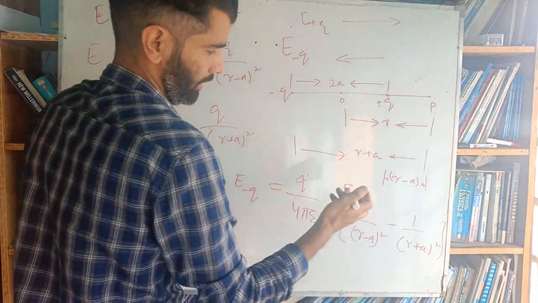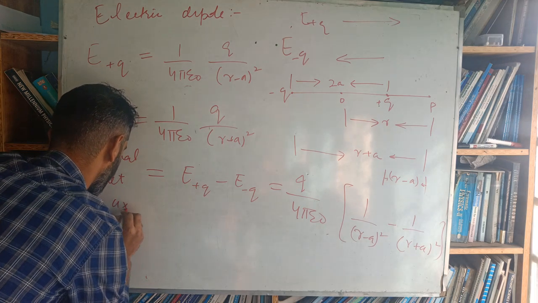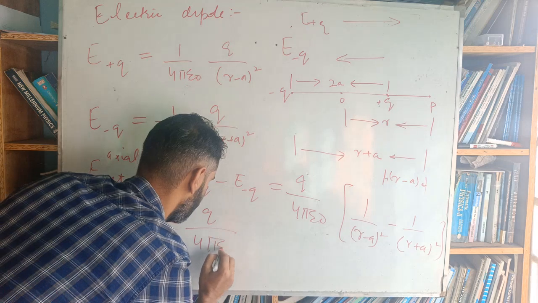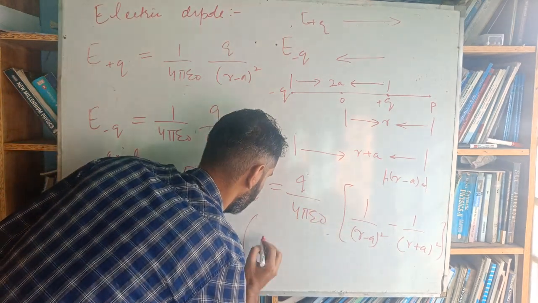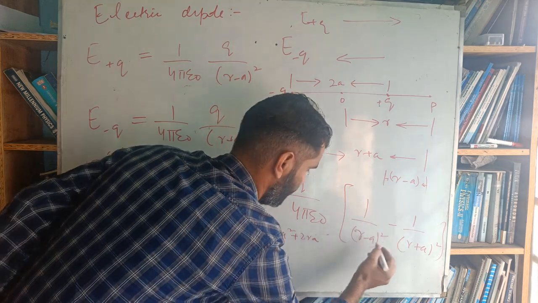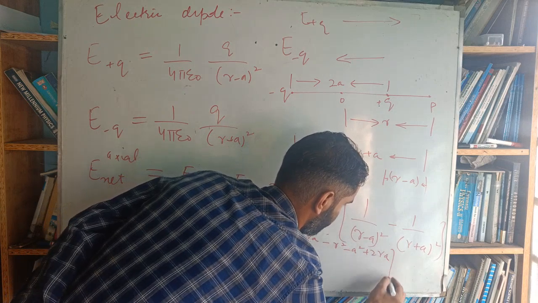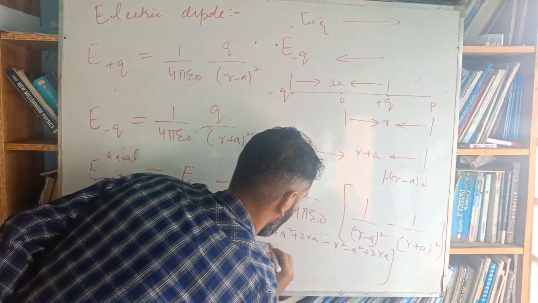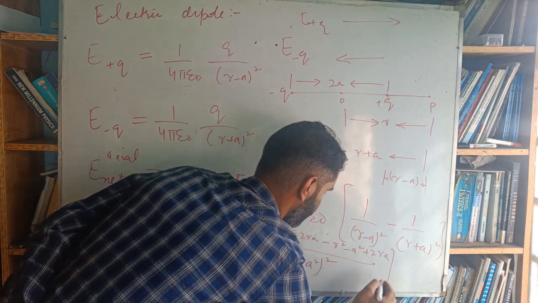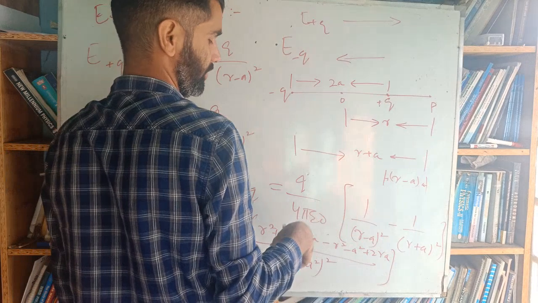So I will get the net electric field on the axial line as q over 4 pi epsilon naught times r square plus a square plus 2ra, minus r square minus a square plus 2ra, just a cross product, and in the denominator I have r square minus a square whole square, because I have used the identity a minus b into a plus b, that is a square minus b square, whole square.